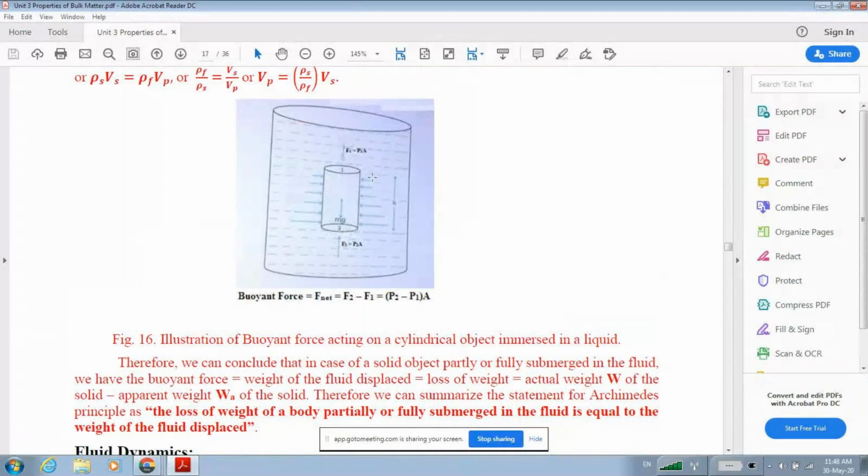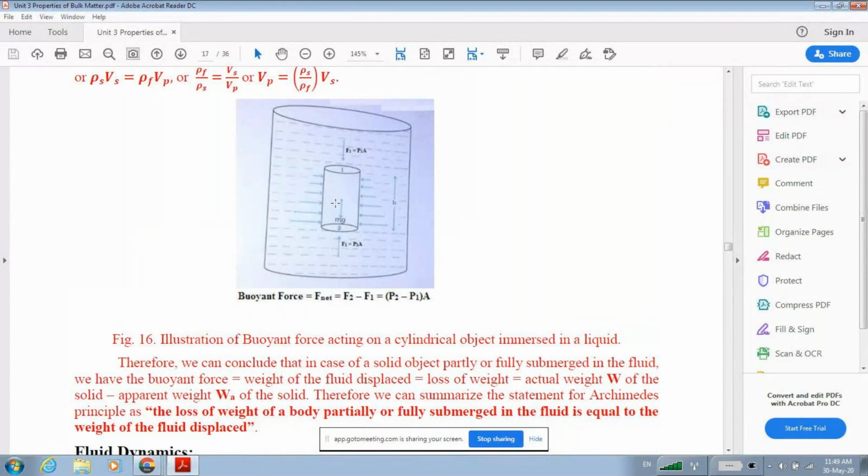So what is the resultant force acting on the object? Upward force is more than downward force, so the resultant force is F2 minus F1, which is positive and upward.